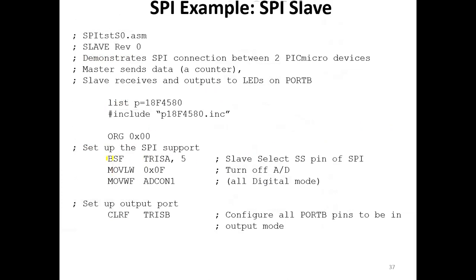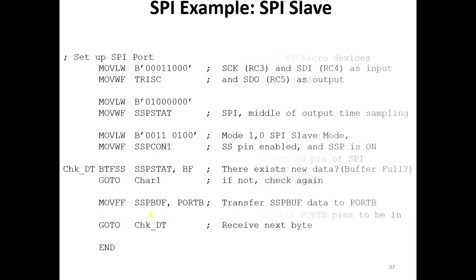So here we have bit set file TRIS A, 5. So slave select. So here we selected the SS pin of the SPI. We have to disable the ADC, analog to digital converter. We are sending the data to port B, so we have clear F TRIS B to make the whole port B as output. Okay, so from TRIS C, so here we have slave.